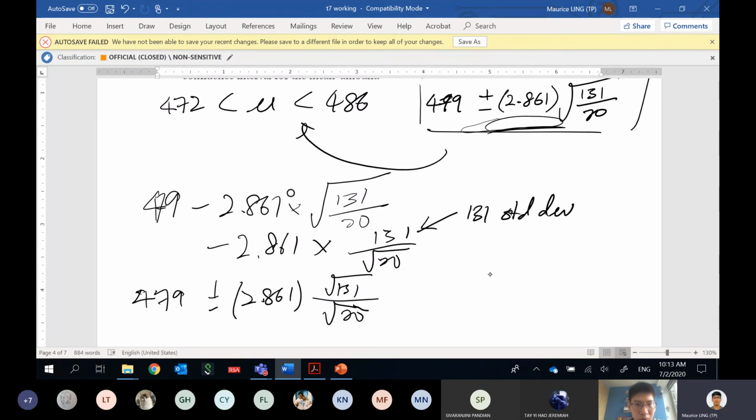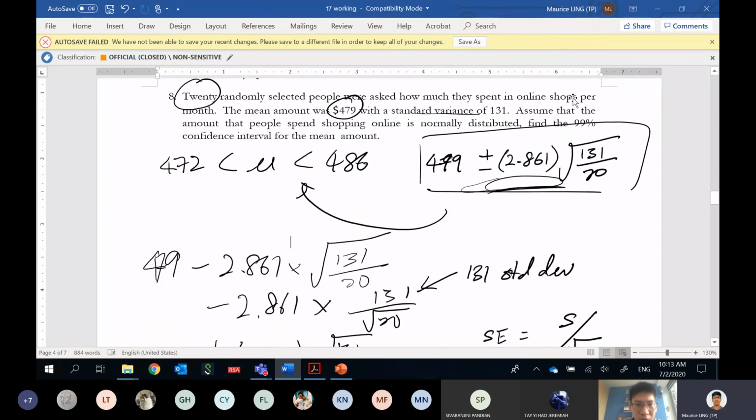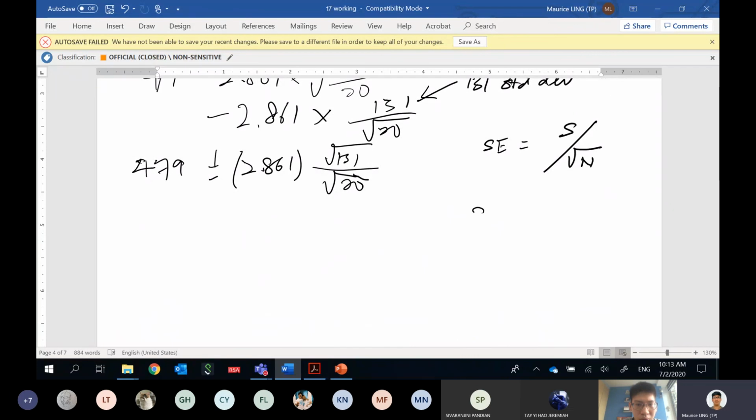Because for your standard error, you use your standard deviation divided by square root of n. But here it gives you the variance. So from variance to get to standard deviation, you square root this.